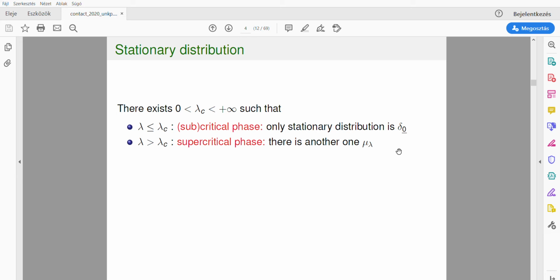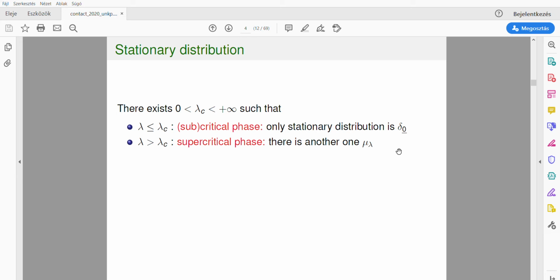The infection rate is not big enough to maintain a global epidemic, meaning that the only stationary distribution is the state where every single person is healthy. This is called the subcritical phase. Actually, even if lambda is equal to lambda_c, it is a highly non-trivial theorem by Bezuidenhout and Grimmett that still the only stationary distribution is the trivial one where every single person is healthy.